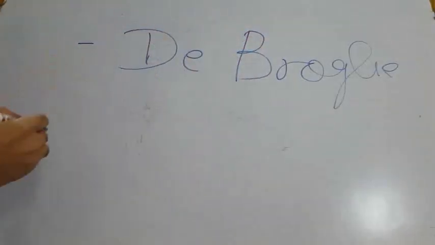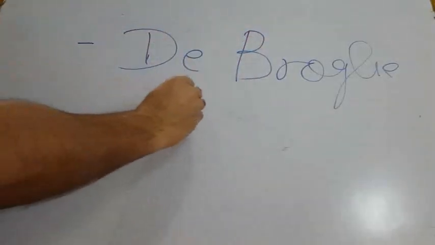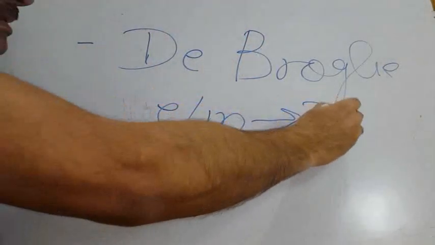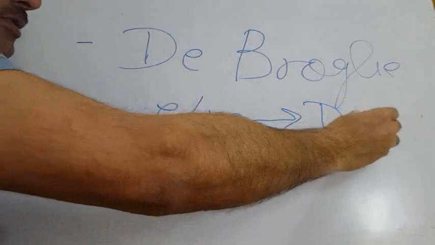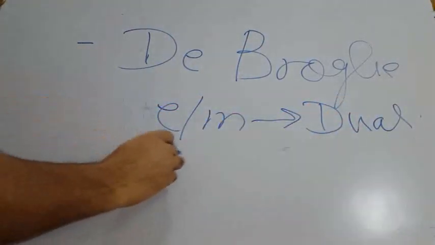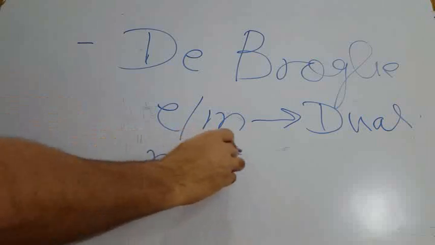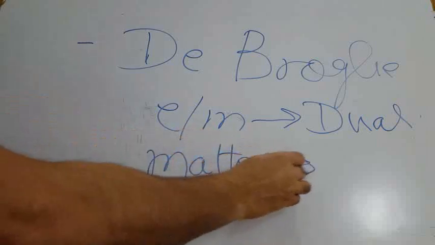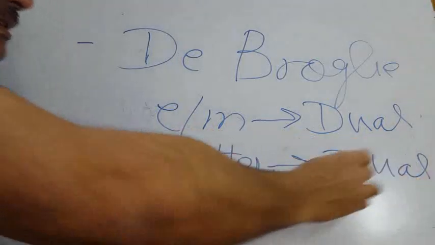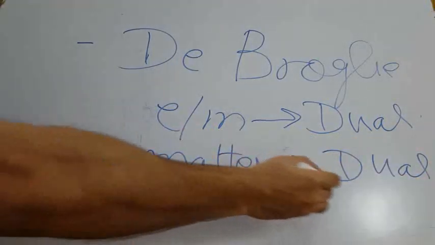de Broglie argued that the electromagnetic waves have dual nature, means they have wave nature as well as particle nature. Then matter must also be associated with waves as well as particle nature, means matter must also have dual nature.